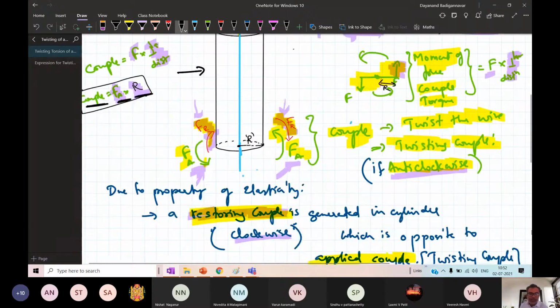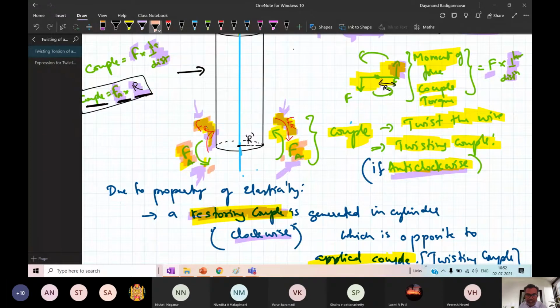So we have evaluated the amount of force in terms of couple. Here Fa is the applied force. This Fa and this Fa form a couple and rotate the cylinder.